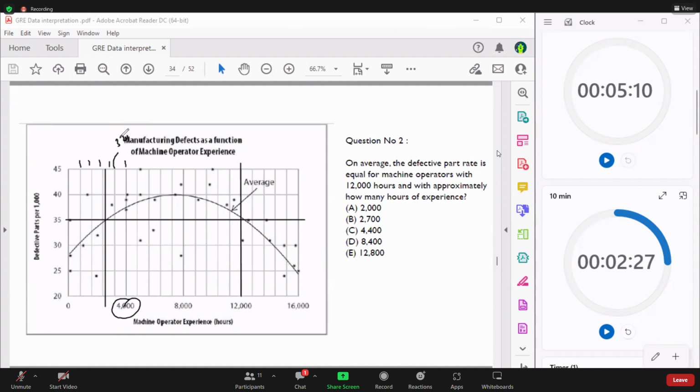This would be 3,200, this 2,400, this one 1,600, this one 800, and this one 0. So this is how it is increasing. And which particular point is nearest to the one here?